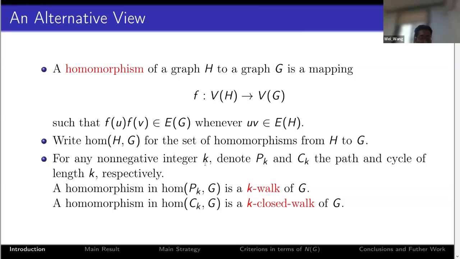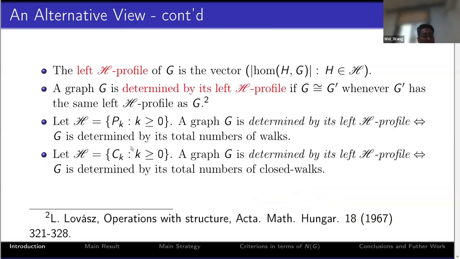For a non-negative integer k, we denote by P_k and C_k the path and the cycle of length k respectively. A k-walk can be regarded as a homomorphism from P_k to G, and a k-closed walk is a homomorphism from C_k to G. Another definition is the Lovász profile of G, which is a vector.